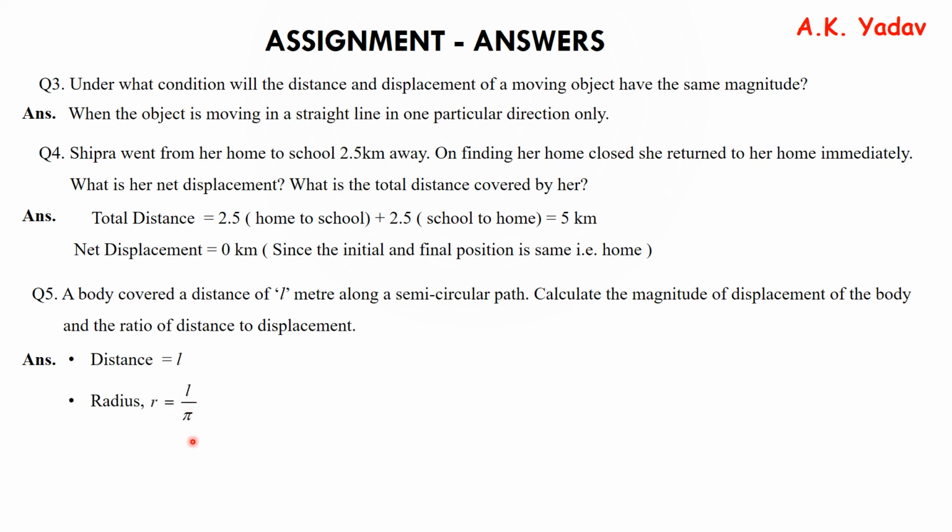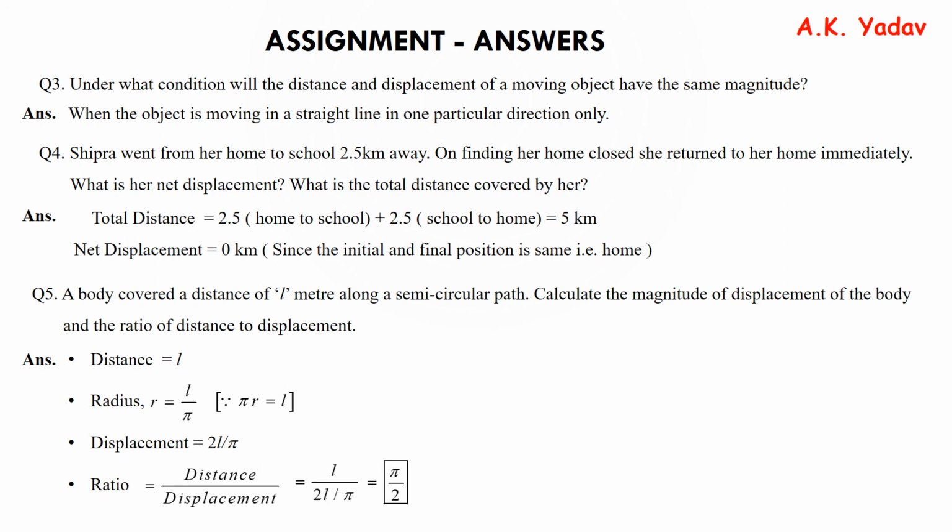Radius is equal to L by pi. Why? Because in a semicircle, the circumference is pi r and that is equal to L here. So r will be L upon pi. Displacement is 2L upon pi because displacement is 2r. Now the ratio of distance to displacement is pi by 2.